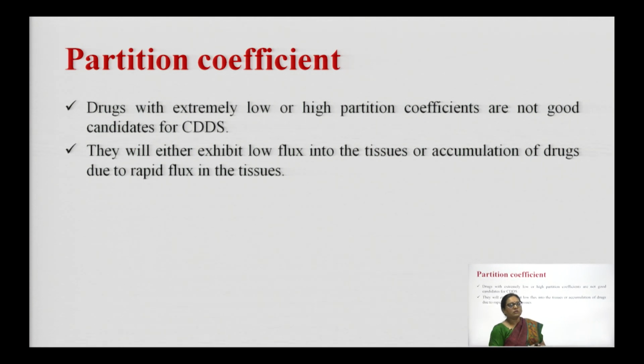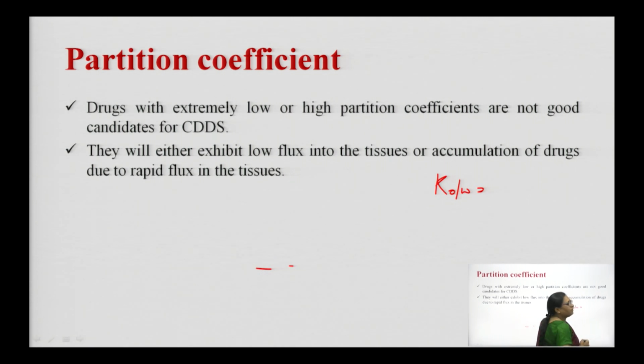The next important property is the partition coefficient of the drug. Let us recall what was partition coefficient of the drug. Partition coefficient, denoted as K o/w, is basically the ratio in which the drug distributes itself between two immiscible phases whenever it is placed at the interface.